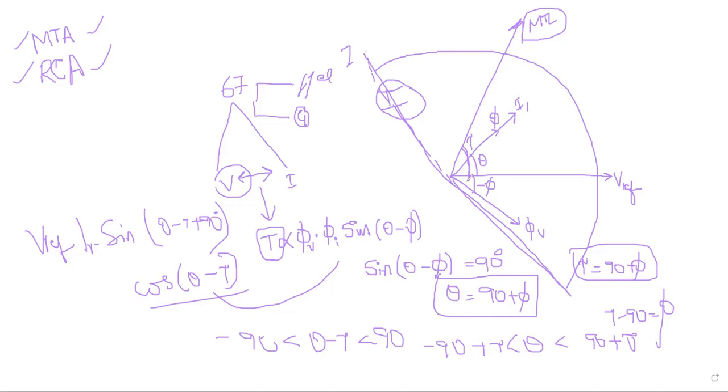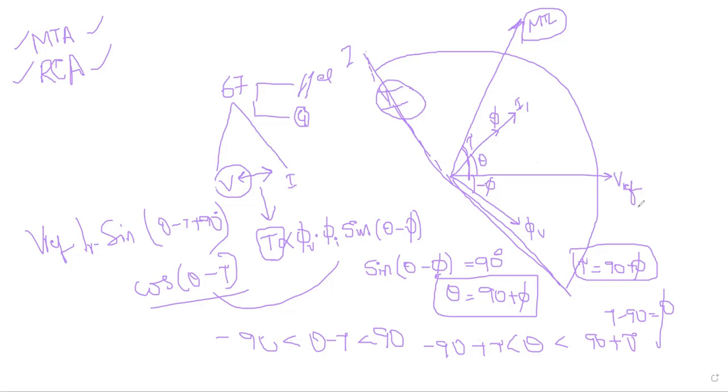And the relay characteristic angle is the angle by which the voltage reference can be adjusted to make my relay work with maximum sensitivity. That is my relay characteristic angle. Generally, the relay characteristic angle ranges from minus 95 degrees to 95 degrees.